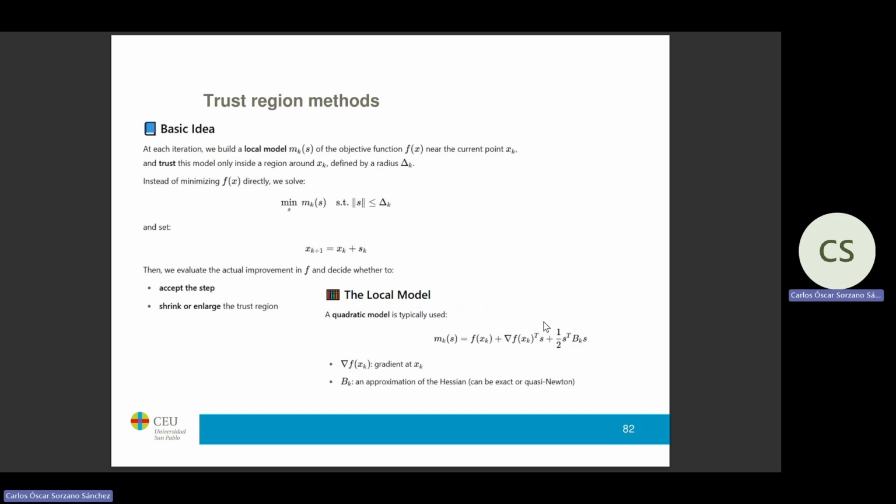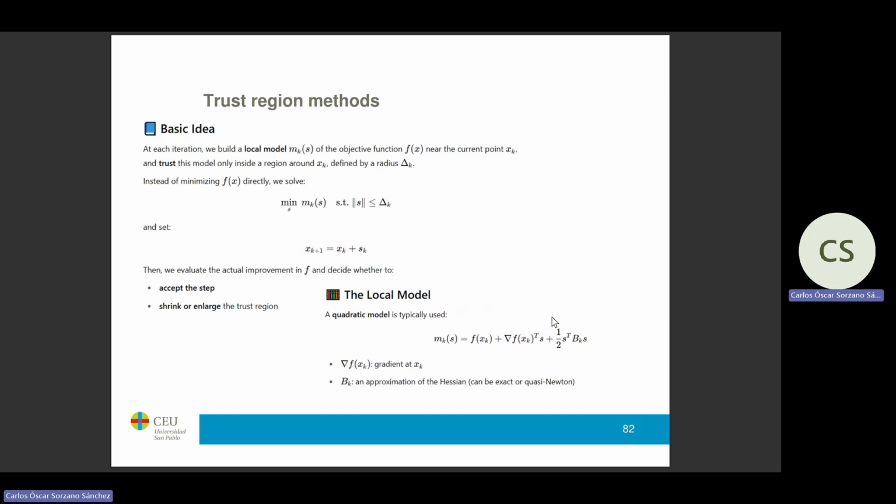And the model that you can construct is typically a kind of quadratic function. So you have the current value at xk that you have because you have evaluated here. And then you have to estimate somehow the gradient or know the gradient analytically and construct an approximation or have the Hessian of the function.